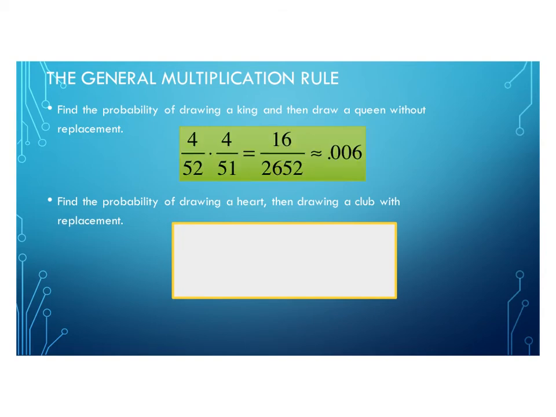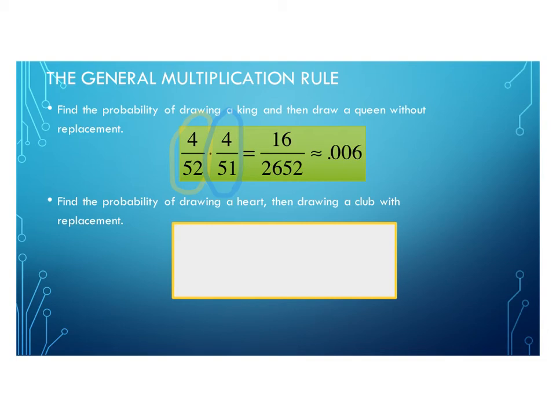So that first fraction represents us obtaining a king, and we know there are 4 out of 52 cards that are kings, and I keep it. If I want the second card to be a queen, that would be 4, and then how many cards are left in the deck? 51, and you would just multiply straight across and get about 0.006.